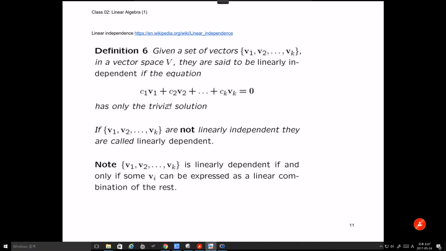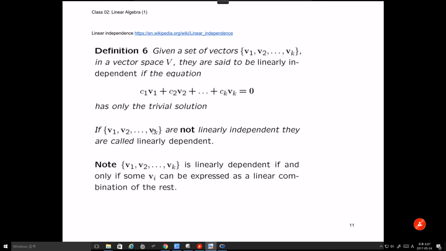Of course, if all Ci are 0, then it is 0. They are called the trivial solution because when those C are 0, it is trivially 0. So these k zeros are called the trivial solution. And if we can make this equal 0 only with the trivial solution, then it is called linearly independent.